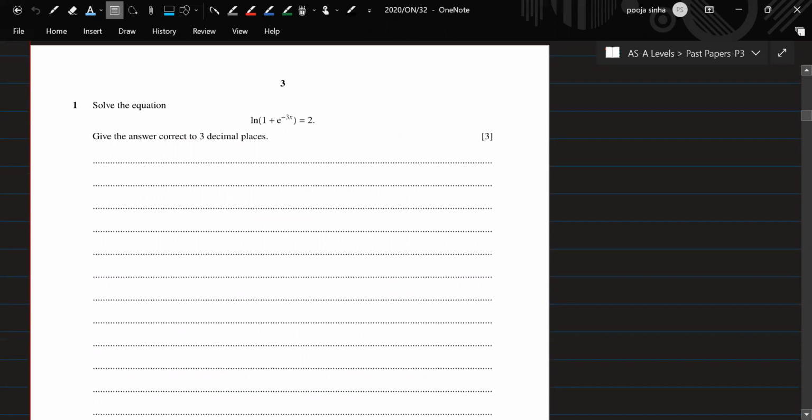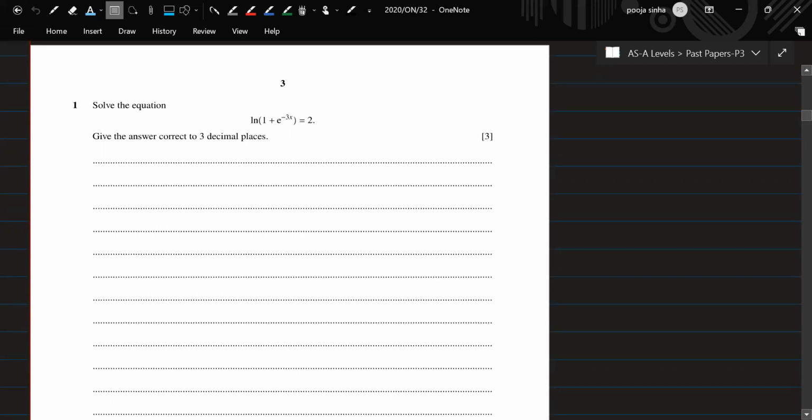Now look at this one. Is that 1 in the bracket? In the bracket, it's 1, yeah. So can we make the right side also ln?